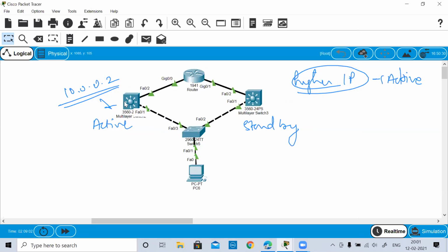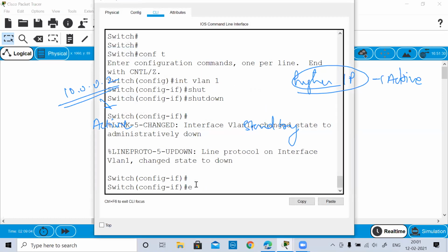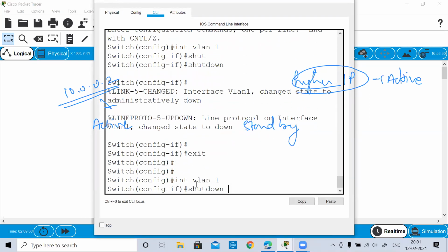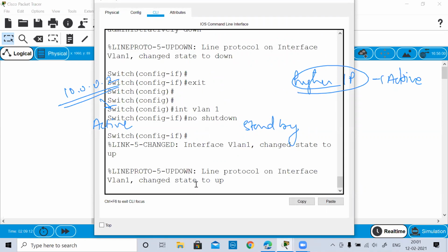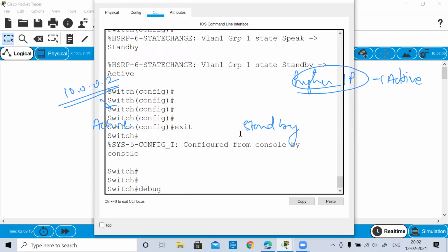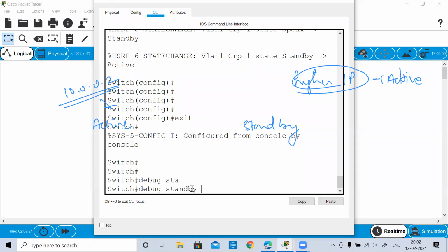So let me first make it on. Let this be on now. Interface VLAN, and let it be no shut. Okay, now this is in the active mode, right? Let me just go and put debug standby events.